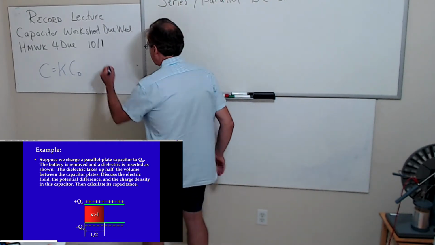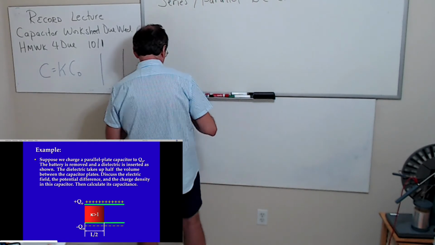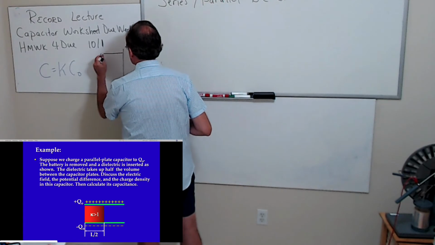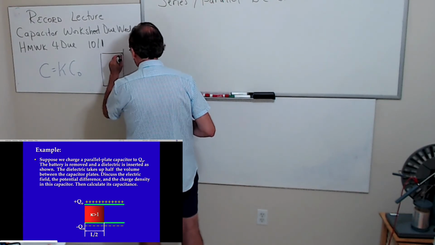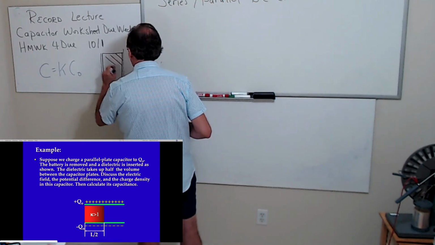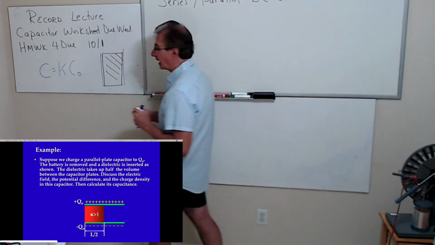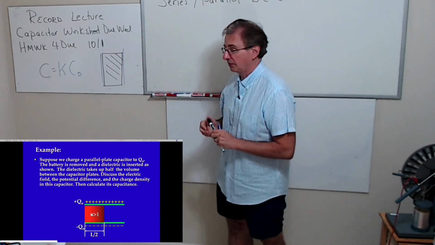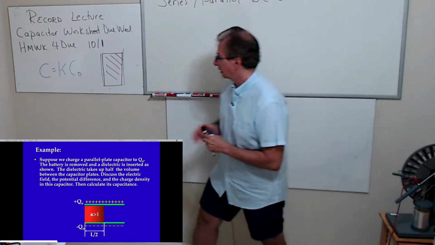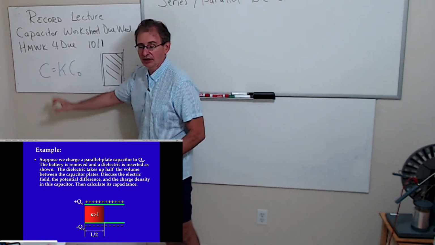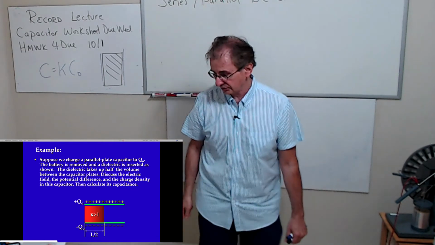So when you have a parallel plate capacitor, you charge it up, you disconnect it, you insert a dielectric in between the plates. Now the capacitance has increased by a factor of kappa. This relationship is linear, and we're really focusing on materials in which the relationship is linear in this course.